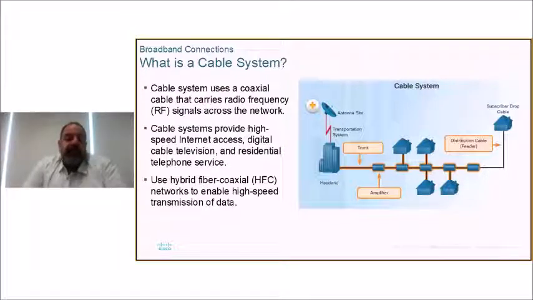It's often called HFC or hybrid fibre coax, so it enables networks to do high-speed transmission of data. What I mean by hybrid fibre coax is that they run fibre from the central office to a point, and then it changes over to the coax, which is what the houses connect into directly.